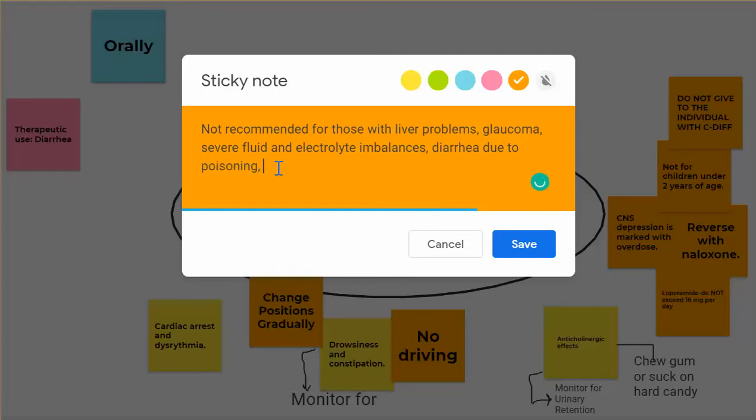the body is trying to get rid of that poison. So we just have to remember that. Ileus, we don't really want to be using it with that. Gastrointestinal bleeding. And then with the pseudomembranous colitis associated with C. diff.